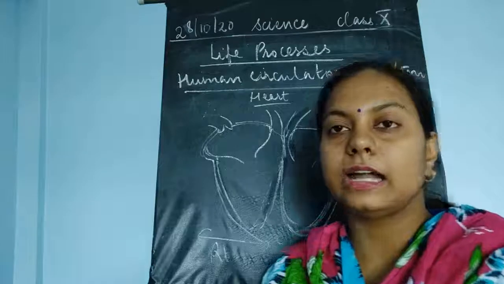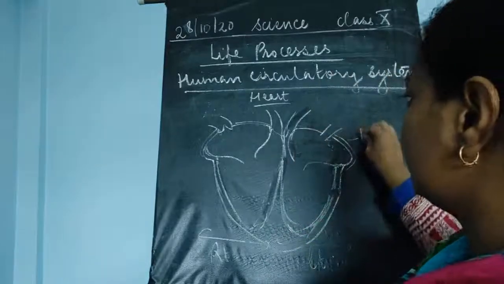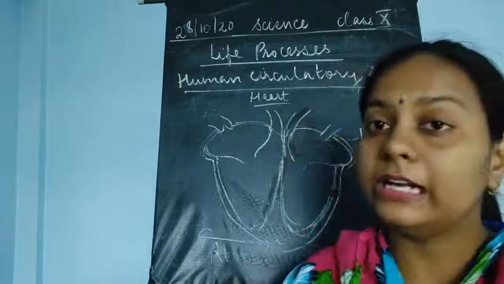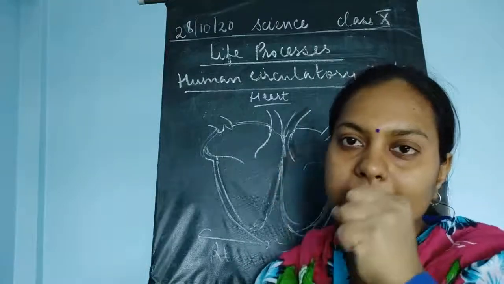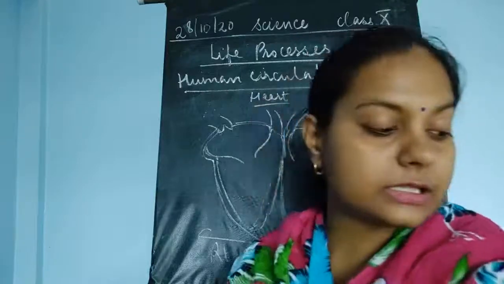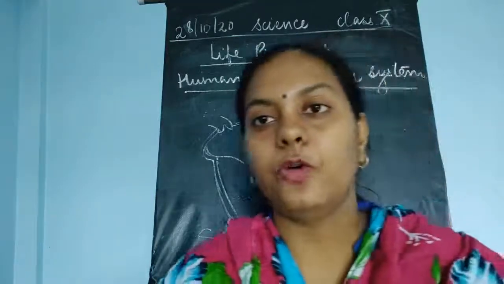The heart is roughly triangular in shape. It is just the size of your closed fist, and it has 4 chambers.